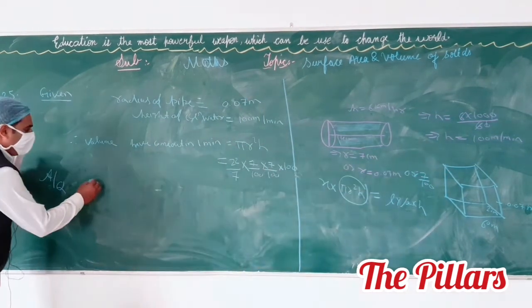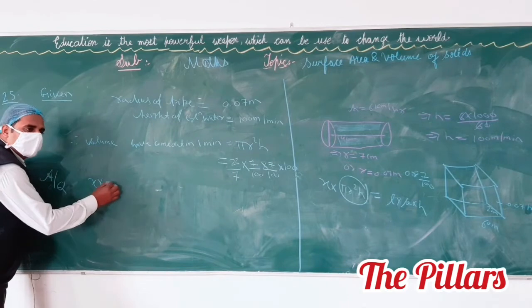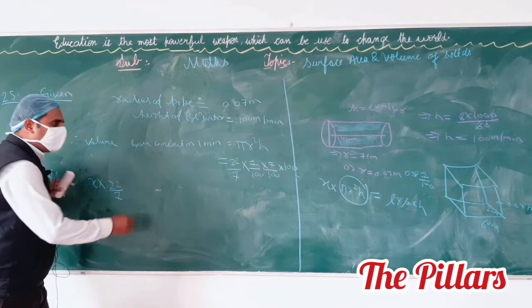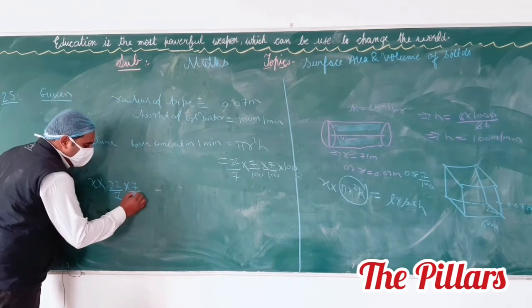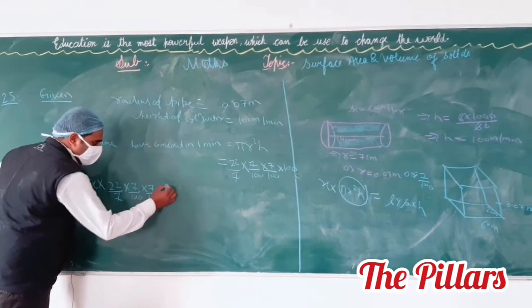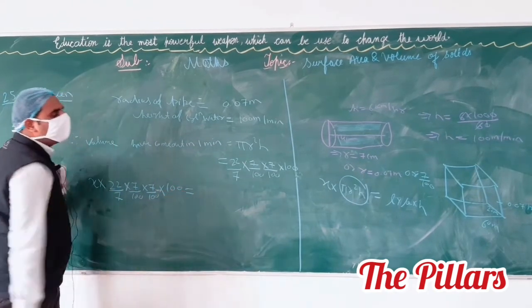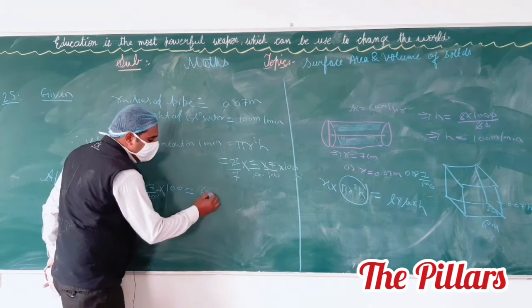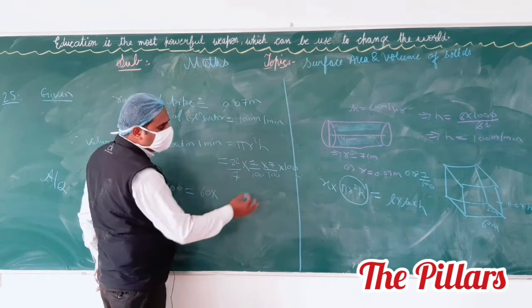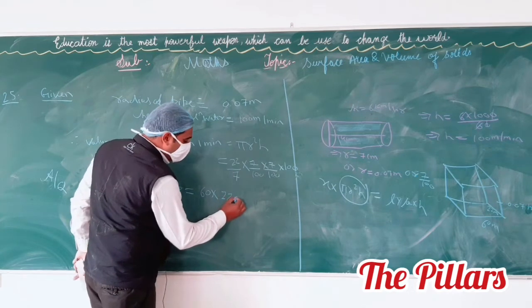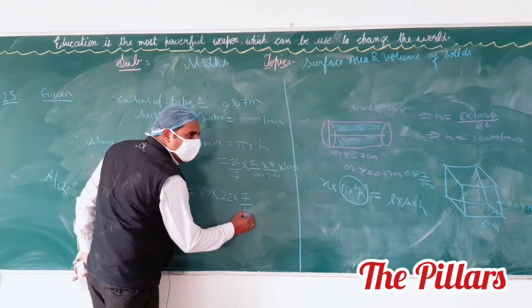It means x into this volume that comes out in 1 minute: 22 by 7 into 7 by 100 into 7 by 100 into 100 equals to LBH. LBH equals to 60 into 22 into 7 by 100, that is 0.07.